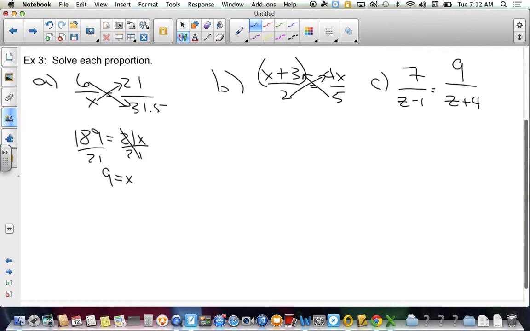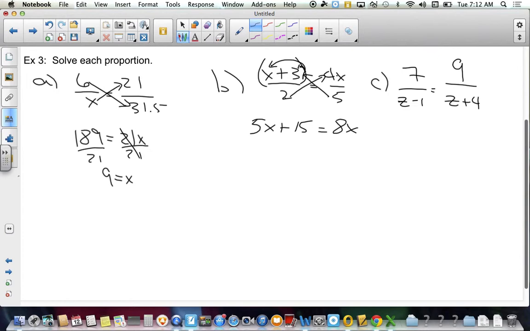So if I do that, 5 times that x plus 3 is going to be 5x plus 15, and then 2 times 4x would be 8x. Okay, so make sure you're taking that 5 times both parts here, the x and the 3, when you have a binomial like that.